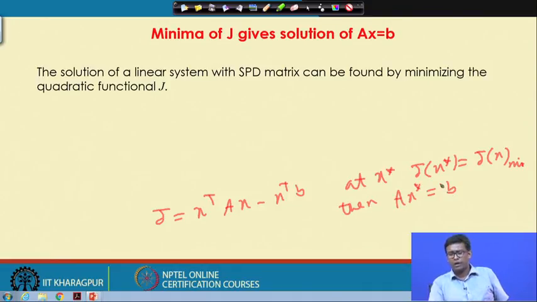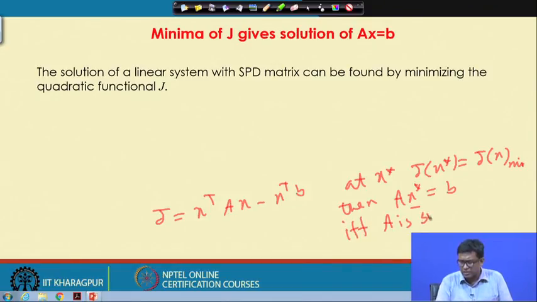So, if I can find an x star for which J is minimal, that particular x star will give me the solution of A x star is equal to b. So, instead of solving A x star is equal to b, we can now think of finding the minima of J x star, and this is if and only if A is symmetric.